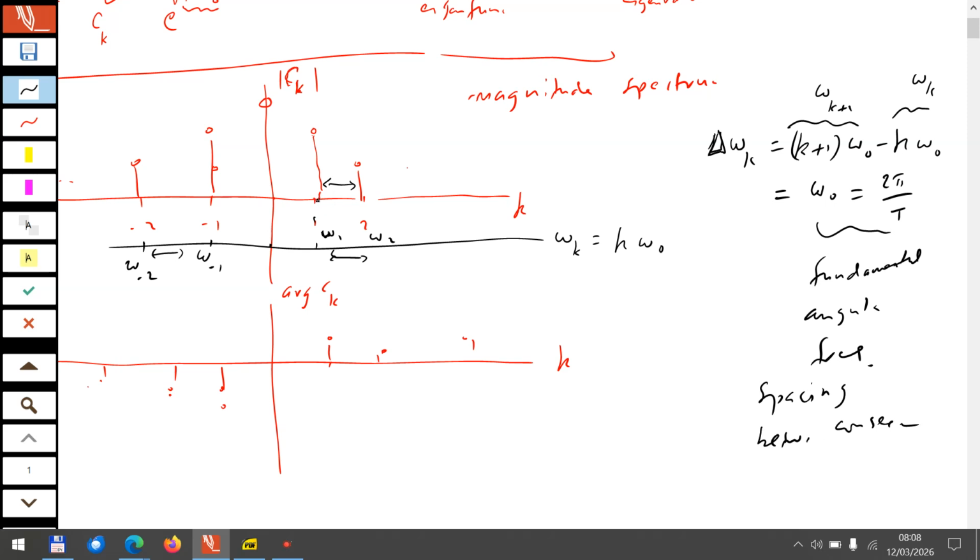It tells you how close these different frequencies are on the omega axis. And because it's connected to T, now I want you to think about the connection between the time period and this spacing. How are they connected with each other?